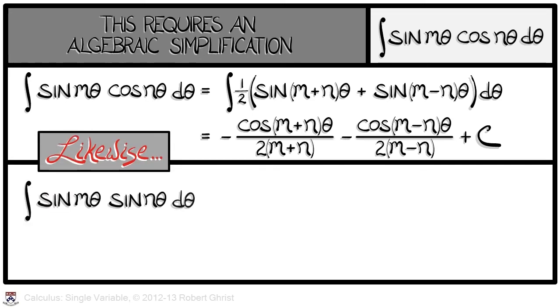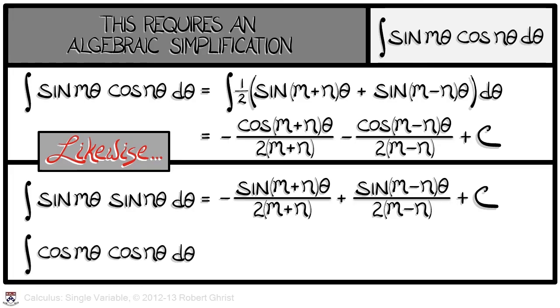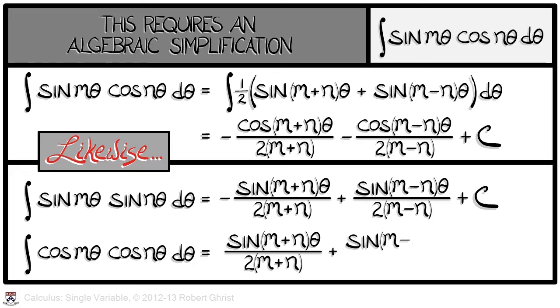Likewise, one can do the same thing for sine of m theta times sine of n theta. A similar reduction gives an integral that is computable. Likewise, with a pair of cosines of different periods, the result works out. Once again, these are not the kind of formulae that you memorize, but they are useful to look up.